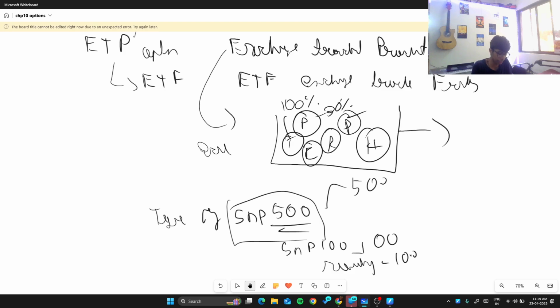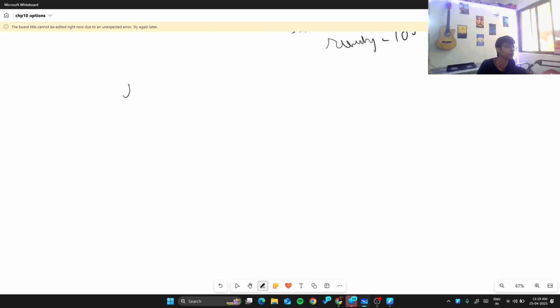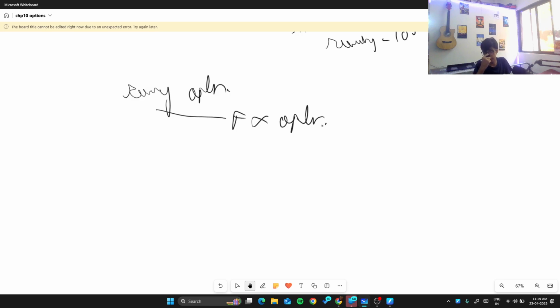Now there is a currency option, like an FX option. Here the underlying asset is not a stock, it is a rate, the FX rate, the currency rate.